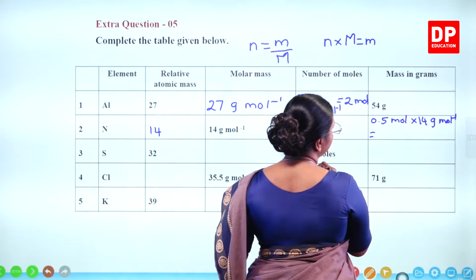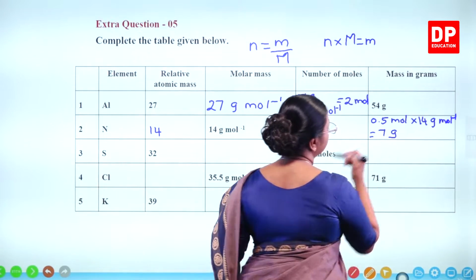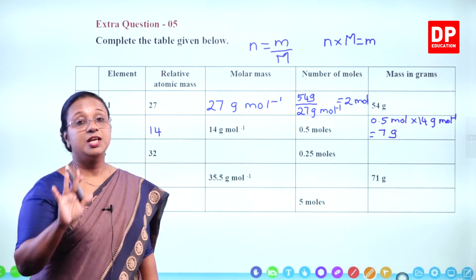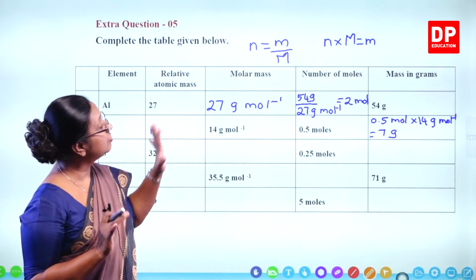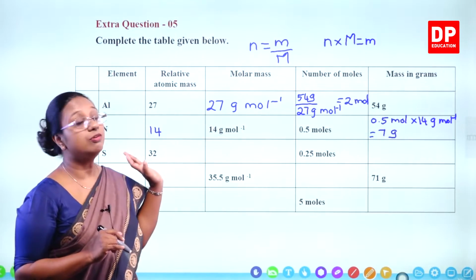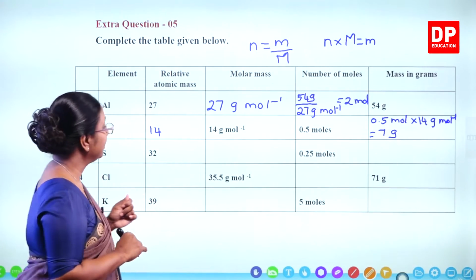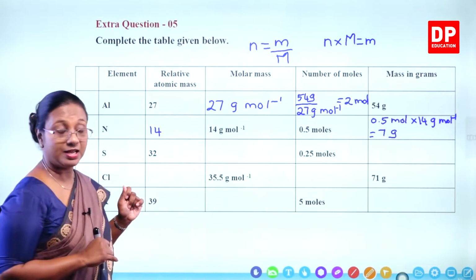So that is going to be 7 grams. Very easy. You have to remember the equation, and depending on the values given to you, you need to rearrange the equation. I am sure you are familiar with that method of rearrangement.